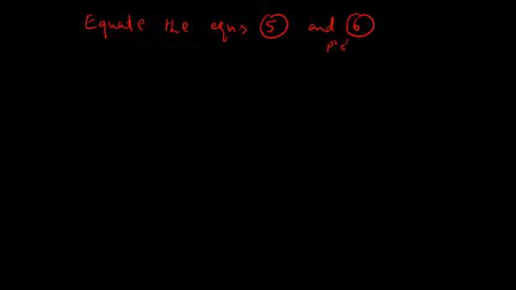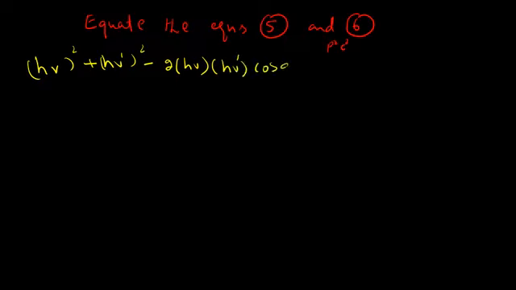So by equating these equations we get h mu square plus h mu prime square minus 2 h mu h mu prime cos of phi is equal to (h mu minus h mu prime) square plus 2 m naught c square into (h mu minus h mu prime).